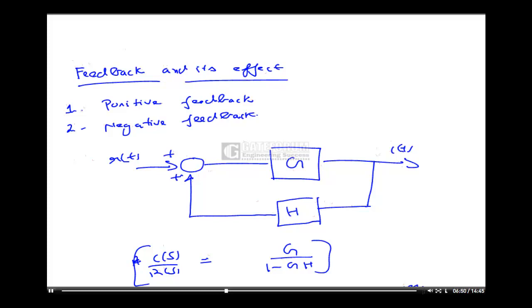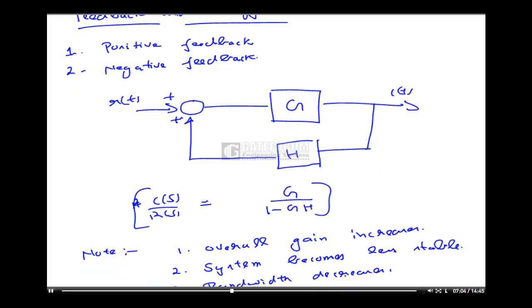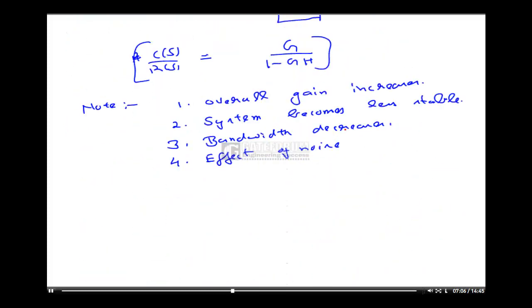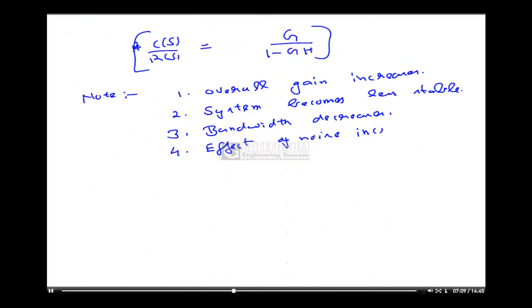Okay. Effect of noise increases. Because since it is a positive feedback, noise, instead of getting subtracted, will get added up. Okay. So these are the effects of the positive feedback system.